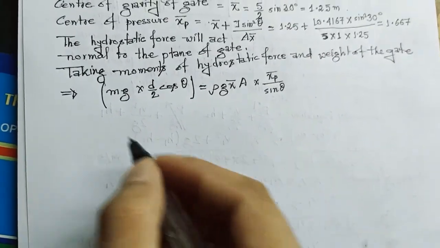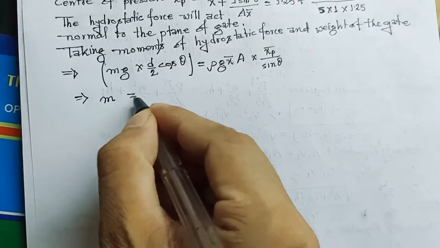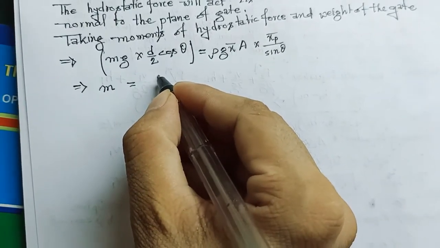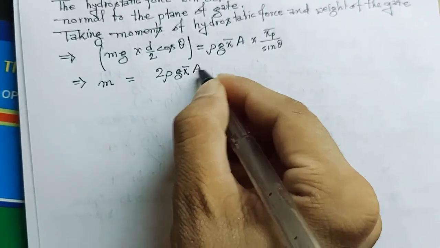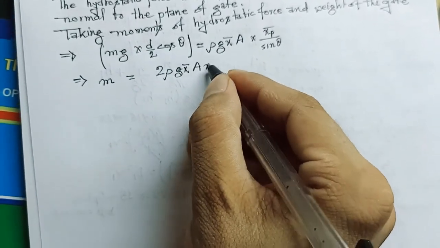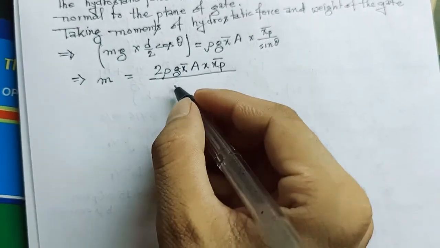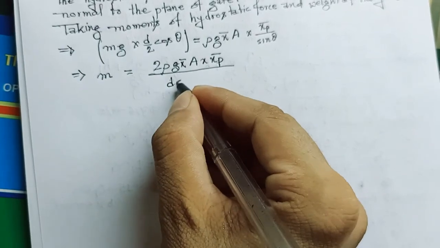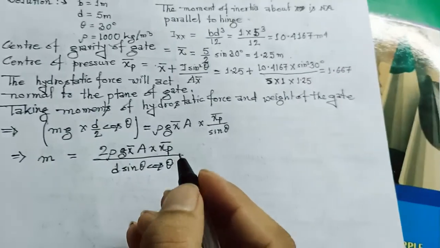From this equation we can find m, which is equal to 2 rho g x bar A xp bar divided by d sin theta cos theta.